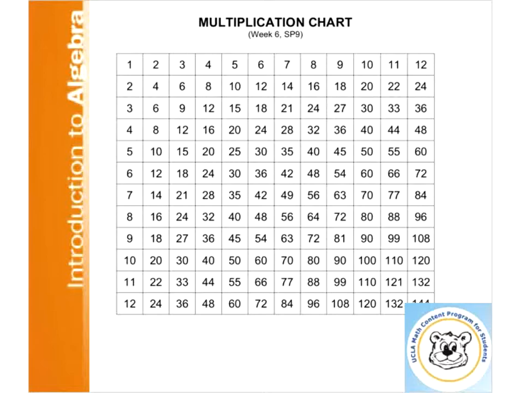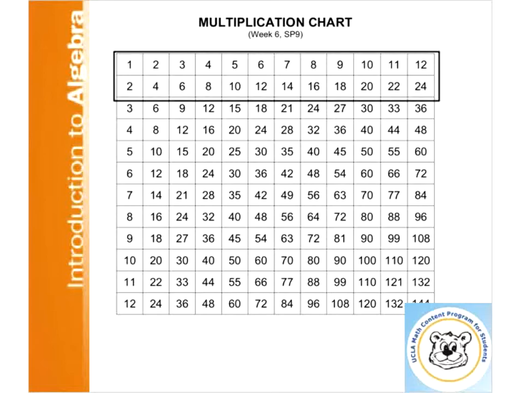This is actually SP9 of week 6, and most of you noticed that the chart shows equivalent fractions. So for example, if you look at rows 1 and 2, I see 1/2 is equal to 2/4, which is equal to 3/6. I can basically take any two rows. The second row and the fifth row shows me 2/5, 4/10, 6/15, and so on.